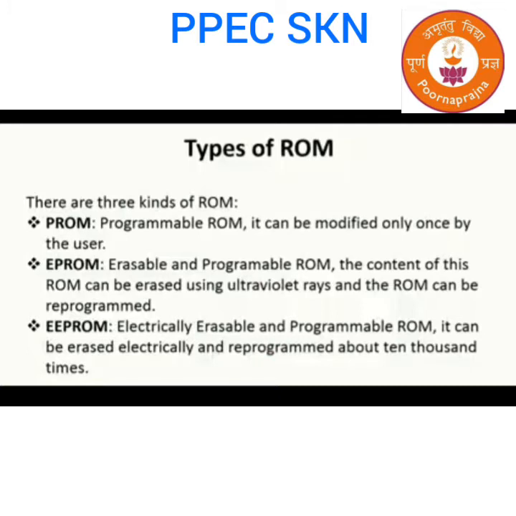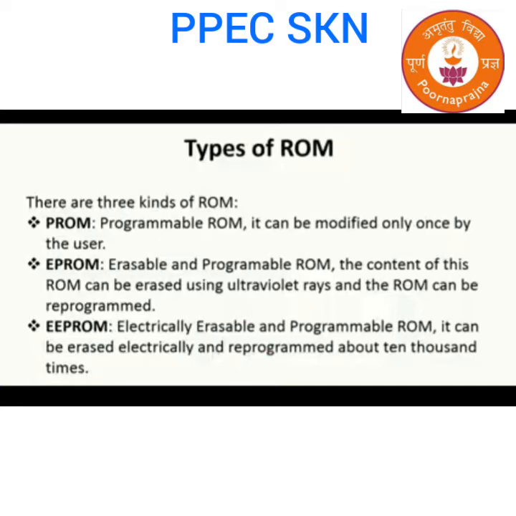But we have different types of read-only memories. These read-only memories the user can edit and rewrite. So we'll see what are the different types of read-only memories. First one is PROM, programmable read-only memory. In this memory, the user can modify the content inside the ROM only one time, only once by the user.